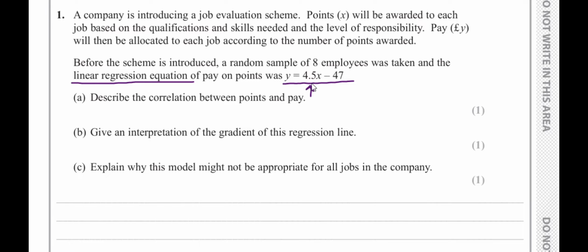Correlation is actually equal to the gradient of the line. So here it is plus 4.5. Therefore, the answer for the first question will be the correlation is positive. If at all this m was negative, we would have written the correlation is negative.